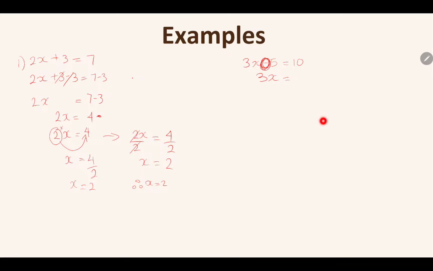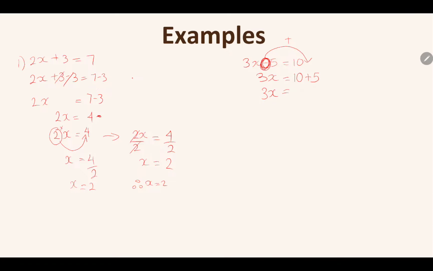If it's negative, once you cross the equal sign, it becomes positive. So once you take the negative to the right, it becomes positive. So it would be 3x equals 10 add 5.